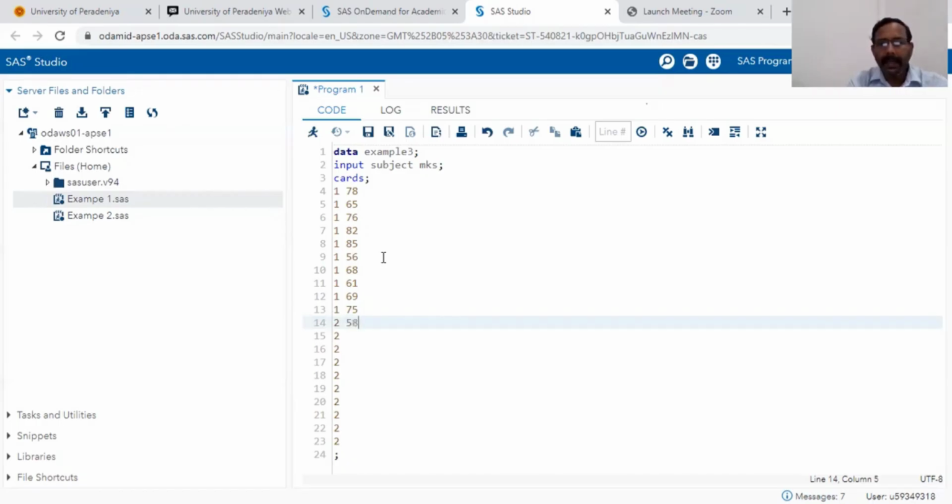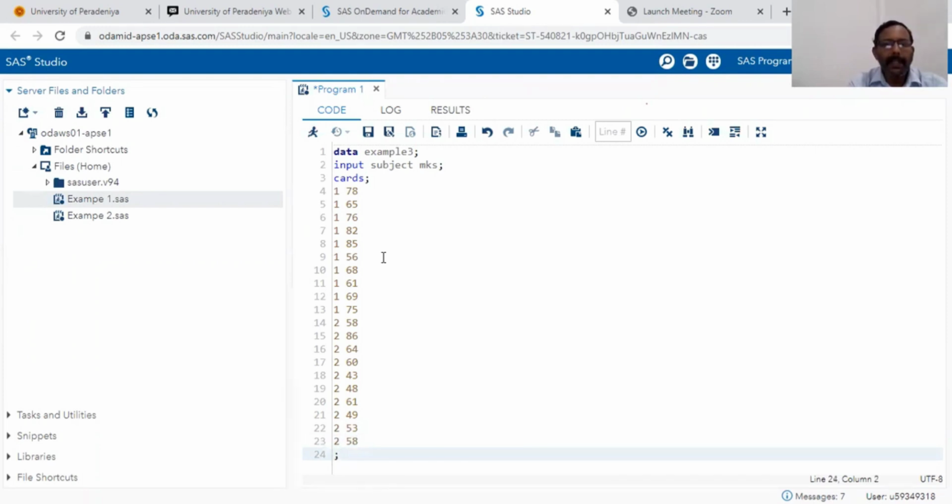This is a quantitative subject. 58, one got 86, the other one got 64, the other one got 60, then 43, 48, 61, 49, 53, 58. These are the marks for the second subject.